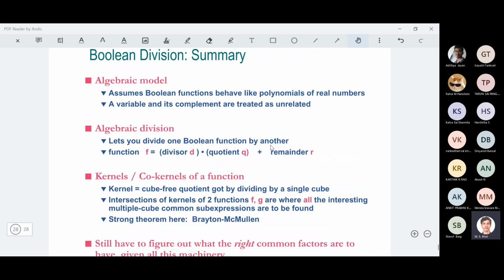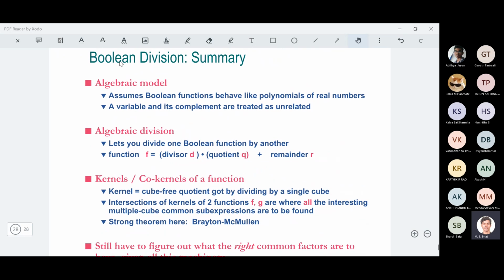So in summary, we can divide a given Boolean function using a single cube or a multiple cube divisor. Single cube divisors are those cubes which are actually co-kernels of the function, whereas multiple cube divisors are kernels of the function.